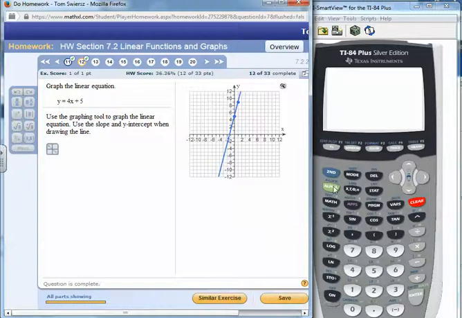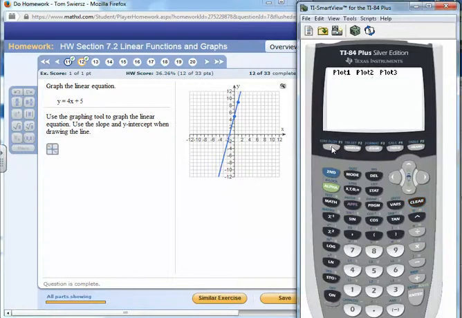So you've got to go ahead and put it in. So you hit your y equals. If you have something in there different, you can hit clear, it'll wipe it out. Okay, 4 and you don't need times. If you just put in x, it'll automatically make it 4 times x.